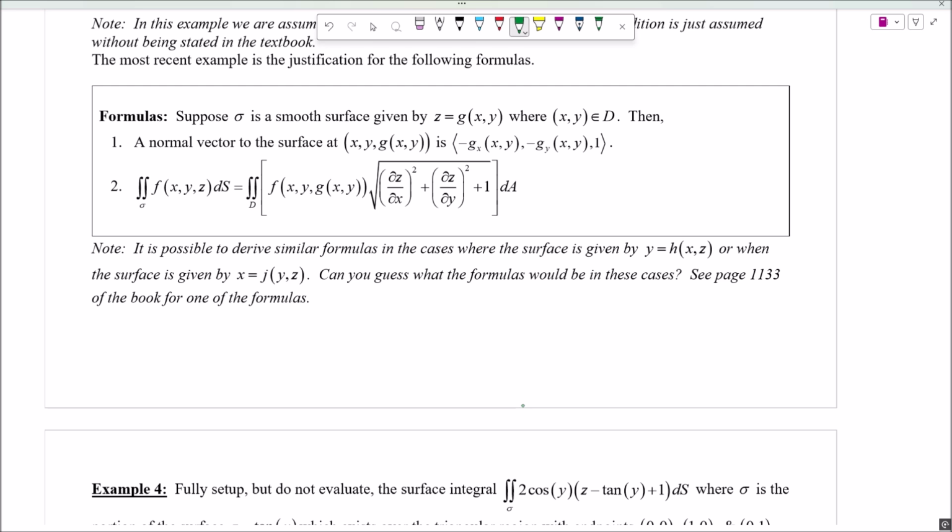First off, we could say that a normal vector to my surface is automatically going to be given by what I have right here. This is something that we established back in section 4.4, and it's then also going to be the case that I could simply rewrite this surface integral using the following formula.